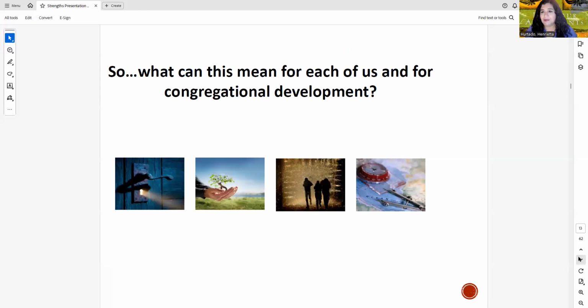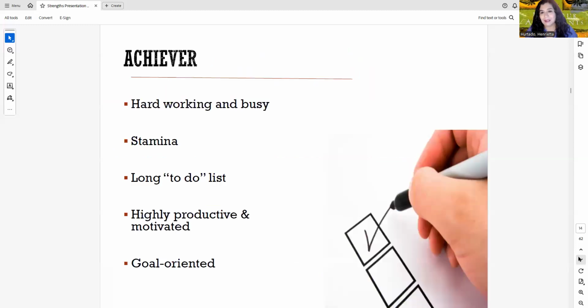So, what can this mean for each of us and for congregational development and for all of us as a team to help thrive together? Well, that could mean that focusing on our strengths, and really understanding them, could give that perspective on how to relate with our fellow students, peers, coworkers, friends, family.